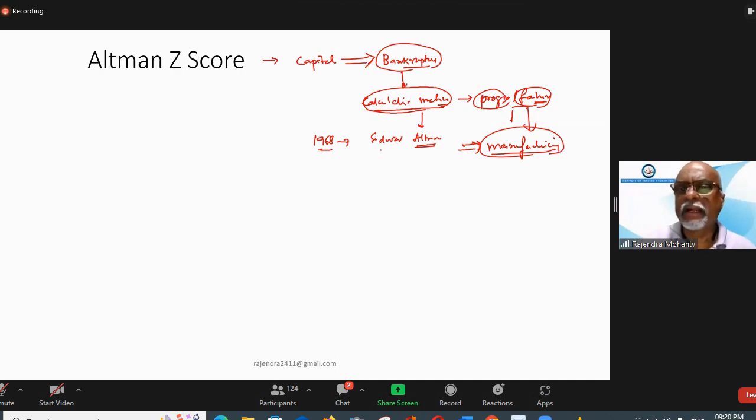So he developed a model which was almost accurate, or we can say it predicts up to a certain significant percentage. And he named it the Altman Z-score.